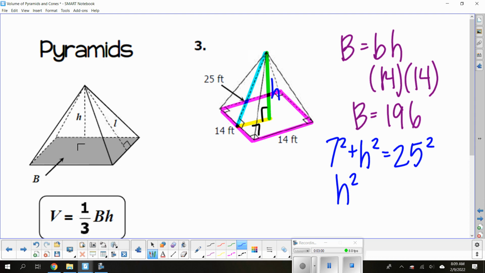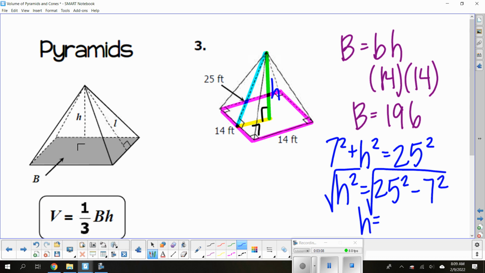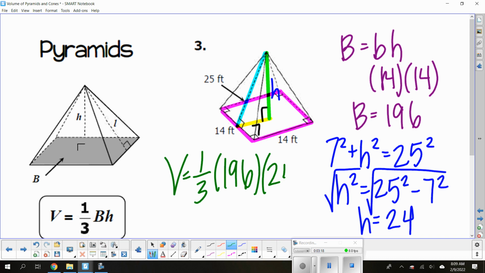So our height here is going to be 24. So taking it to volume, don't forget your 1/3 for the pyramids. Area of the base times my height, 24. So my volume there should be 1,568.